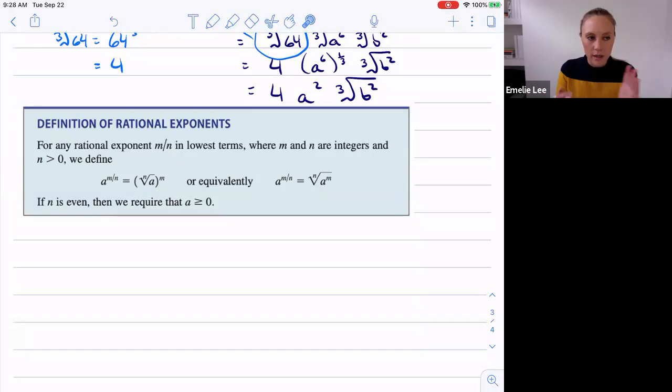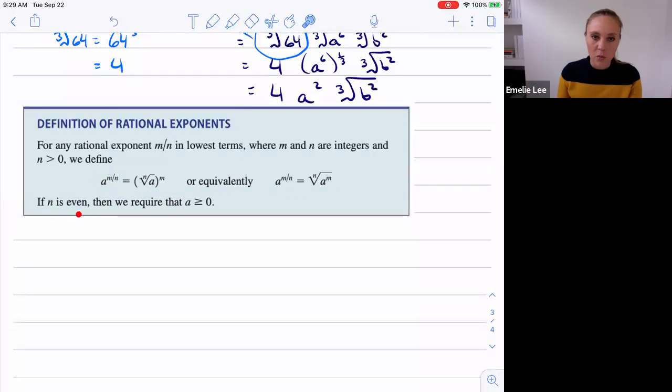Or if we wanted to, just the nth root with the power of m inside the root; it really doesn't matter. The m is in the numerator of the exponent, so it's going to stick with the a. And the n is in the denominator of the exponent, so it's going to be the nth root. These two are equivalent statements.